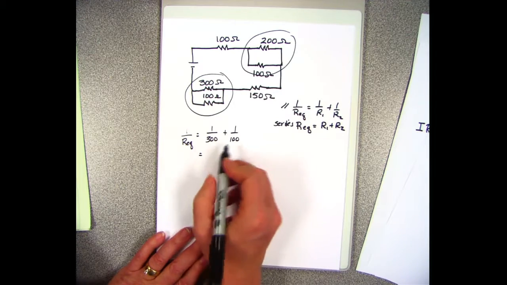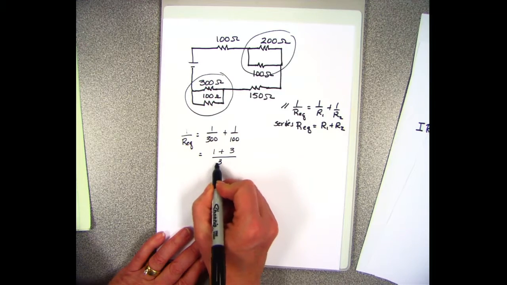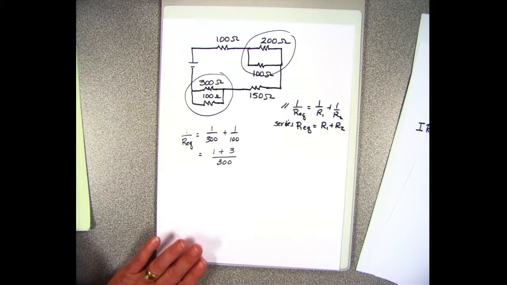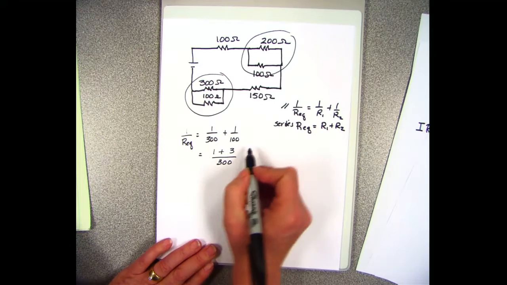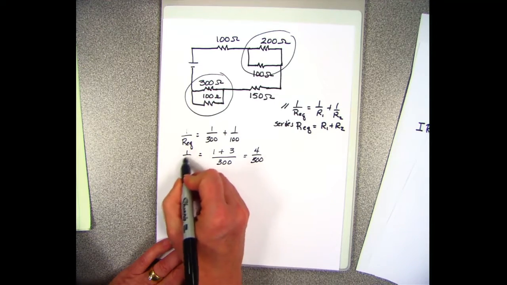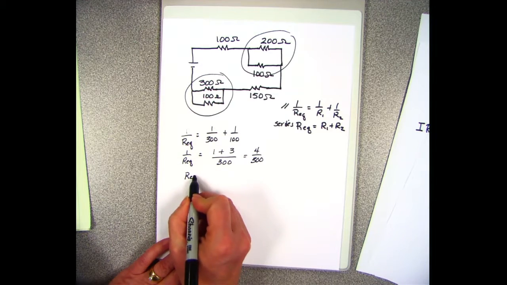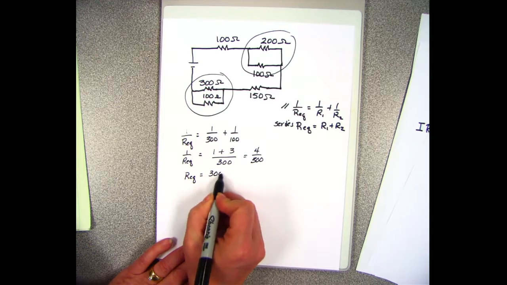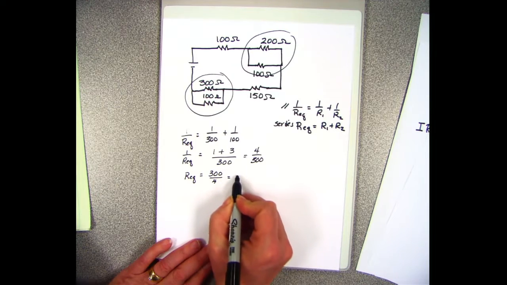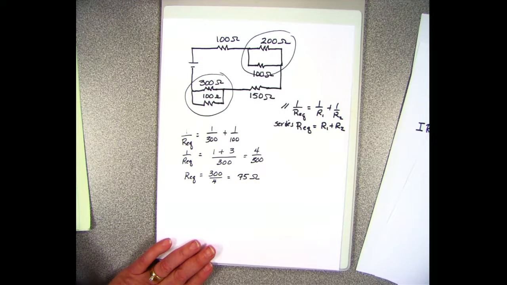When I do that, I get 1 plus 3 over 300, because I did my lowest common denominators, that fun stuff. So I end up with 4 over 300, and that's 1 over REQ. So REQ is 300 divided by 4, and that equals 75 ohms.